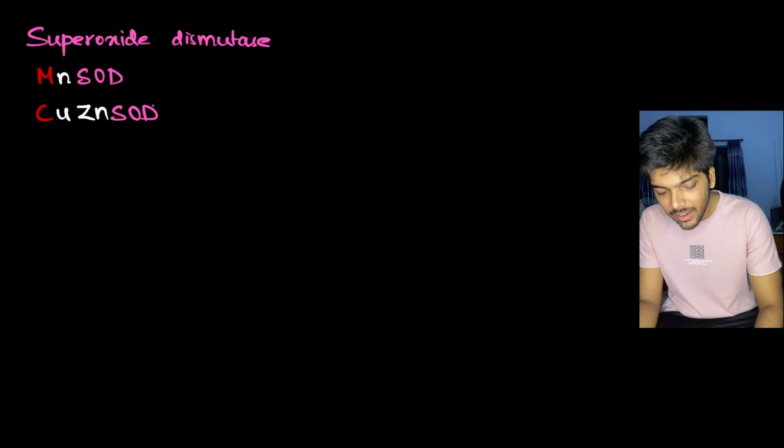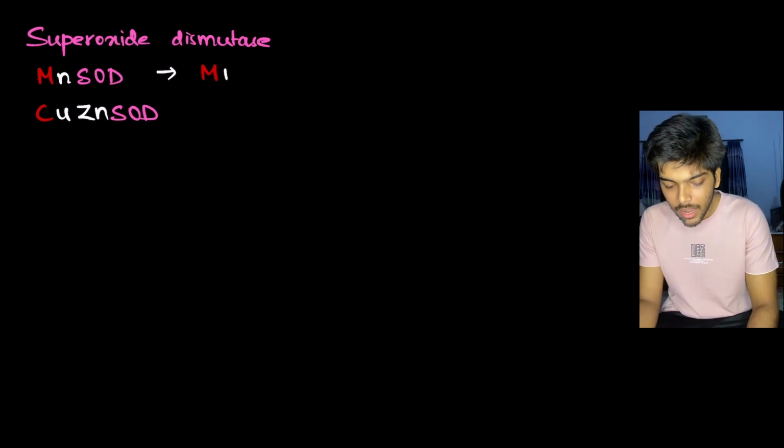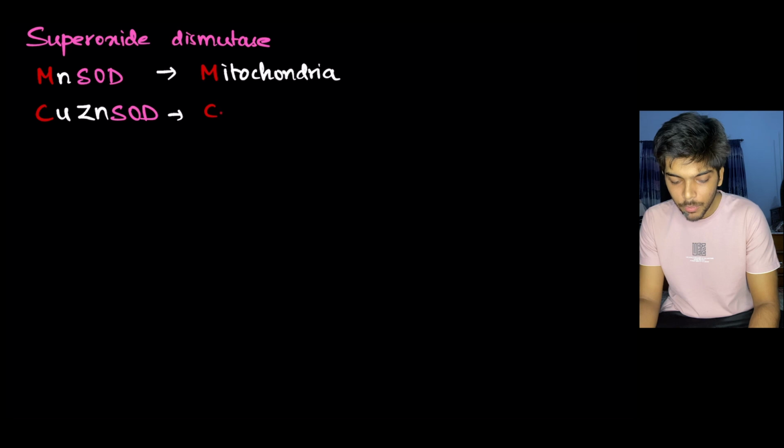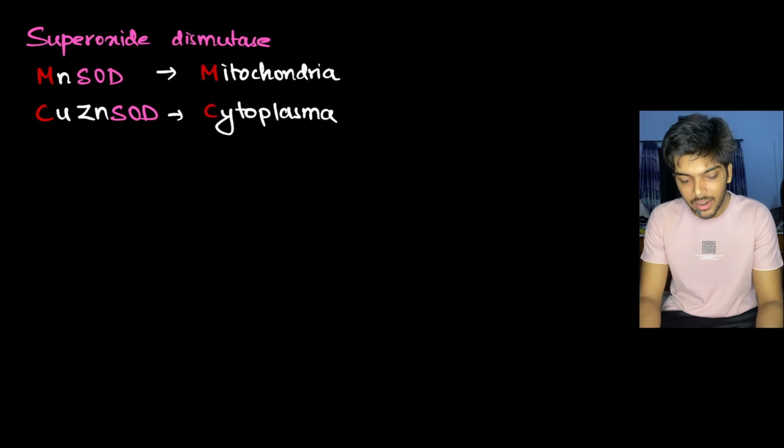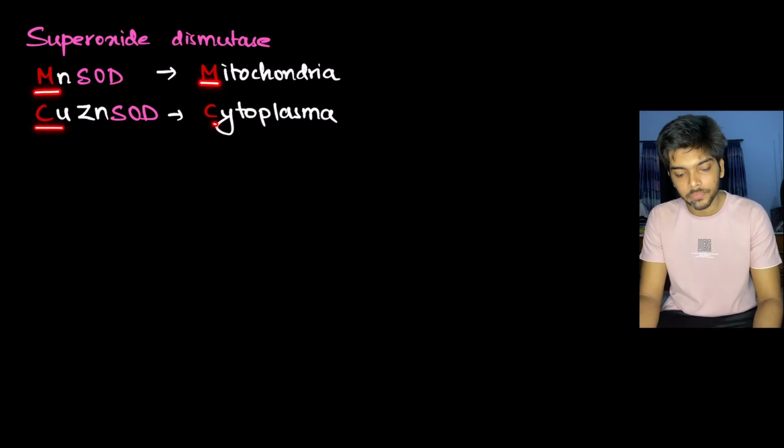The manganese containing superoxide dismutase is present in mitochondria, while copper containing superoxide dismutase is present in cytoplasm. I mean, it's pretty clear from the type of color I've used here, right? M for M and C for C.